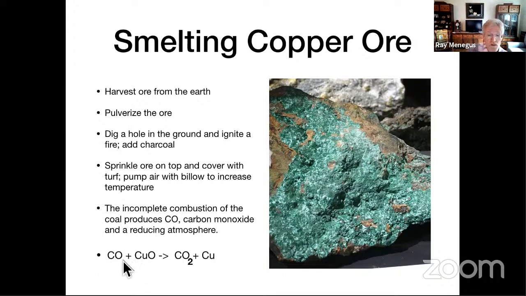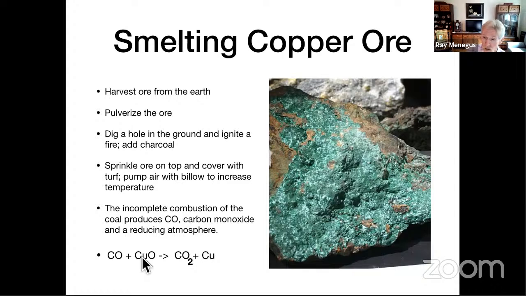So this is what happens. The copper oxide: copper is a +2 valence. In other words, it has an absence of 2 electrons. The oxygen, the oxide, has an abundance, an extra 2 electrons. That creates the copper oxide, the neutral compound.